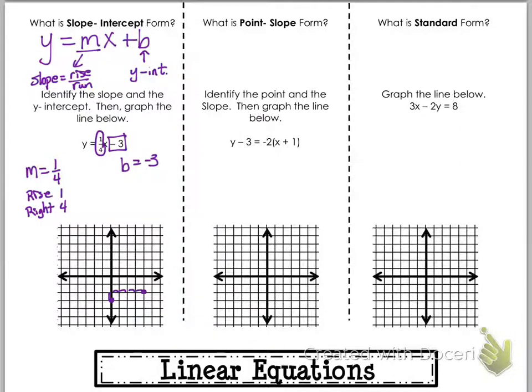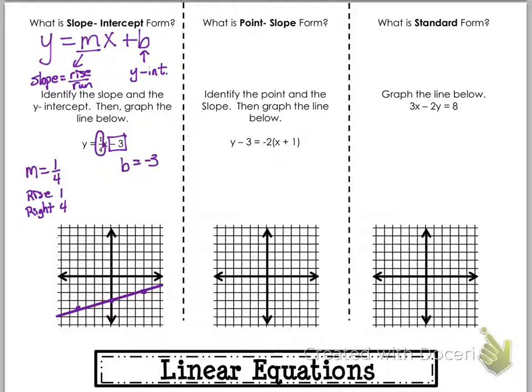Then I'm going to take these little things out here so I don't get those mixed up. And I just extend that pattern. If I go the other direction, I'm going to go down 1 and left 4, put my point there, and then put in a line that goes through my 3 points.